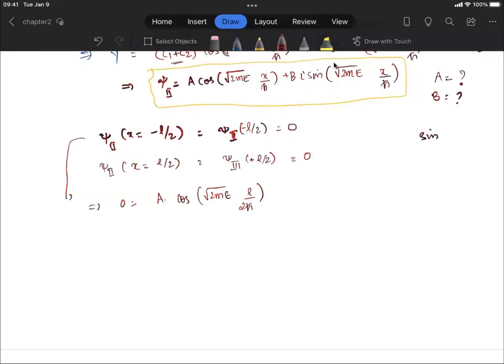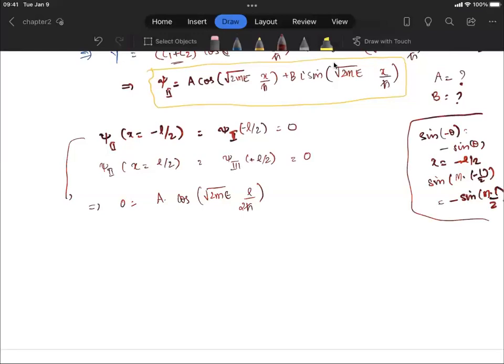And sine of negative theta is actually negative sine theta. So when we have x equals negative L over 2, sine of something times negative L over 2 is going to be negative sine of L over 2, something like this. So I'm going to bring the negative sign outside, and this would be this.